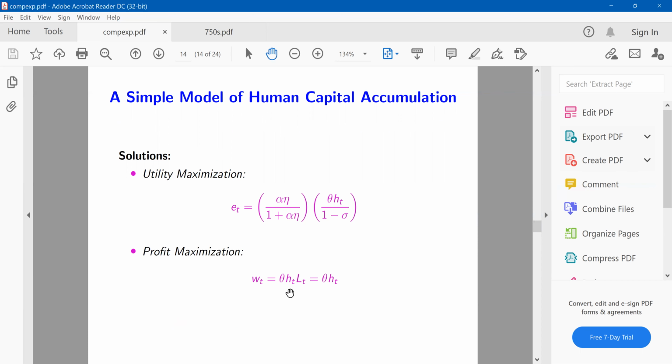and profit maximization basically solves the wage in the economy. So what do we have? A certain fraction of income is spent on education, and the subsidy rate increases this education spending.